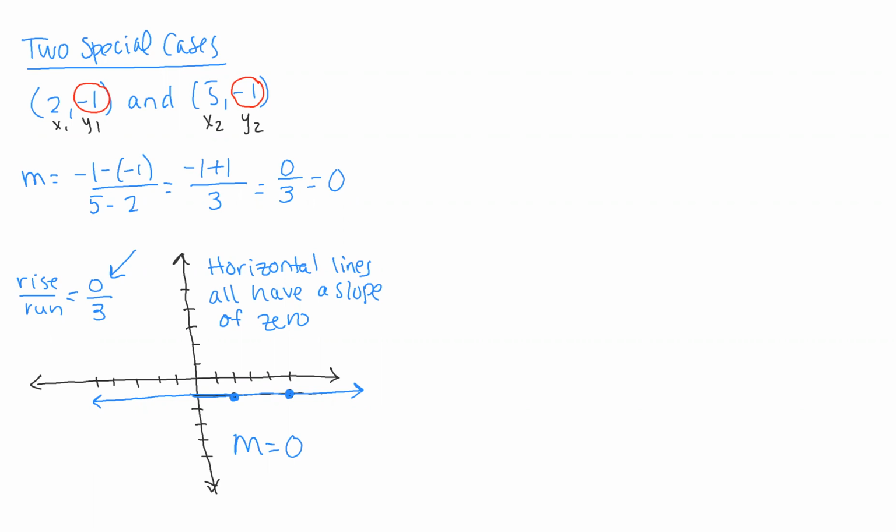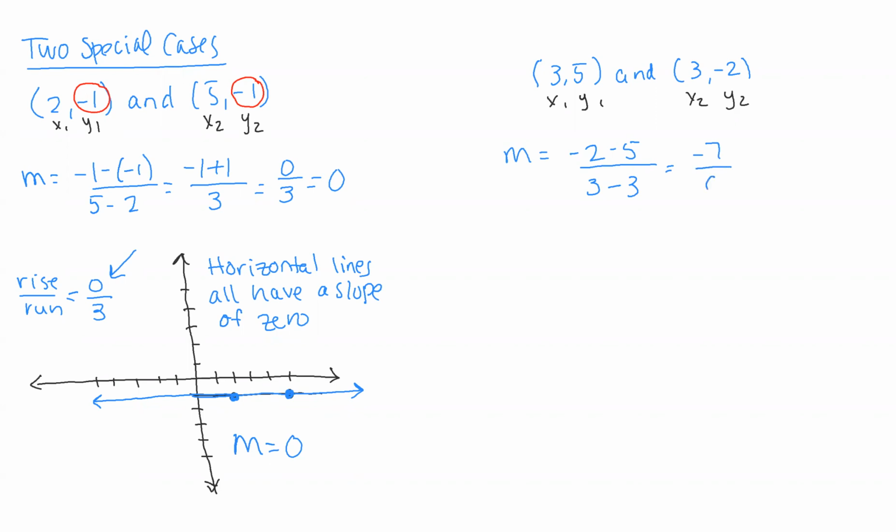So second special case, we have the ordered pairs 3, 5, and 3, -2. So we'll label the points, and we want to calculate our slope. We want the difference in our y's, so y2 minus y1 over the difference in our x's, so x2 minus x1. -2 minus 5 is -7. 3 minus 3 is 0.